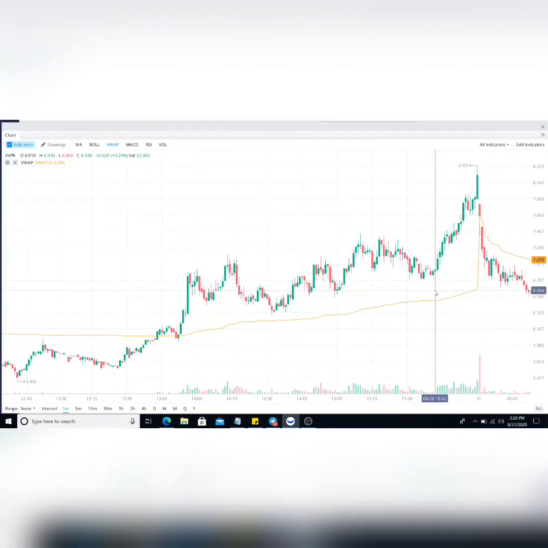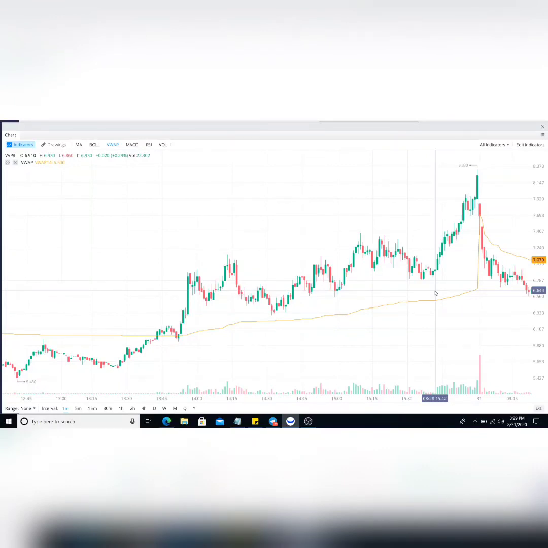So a couple extra things that I want to consider before I jump in, and this isn't specific to VVPR, the stock we're looking at right now, but basically, even if we see a break in VWAP and a little bit of volume going up, we want to think about what happened throughout the day as it approached that VWAP cross.